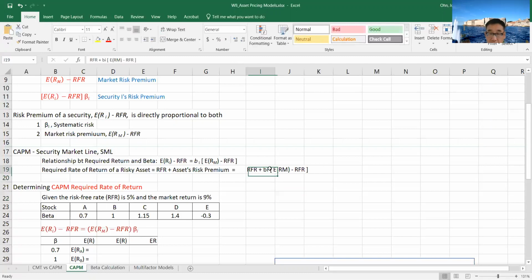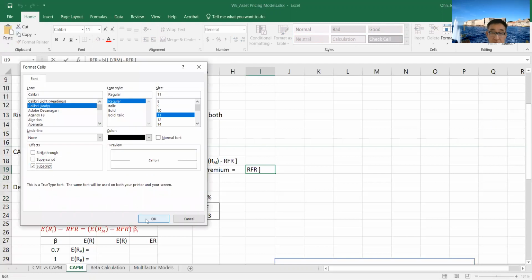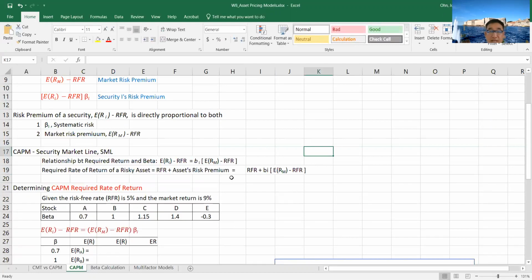Right. Subscript there. Okay. This is the more popular, more widely known form here, right? This one. So let me put this one also.